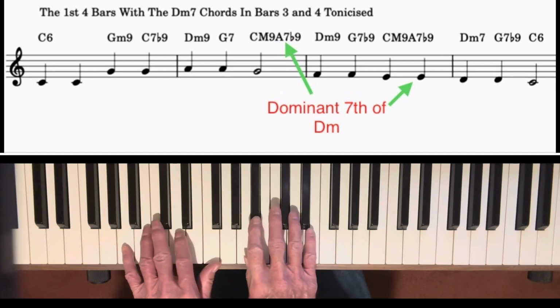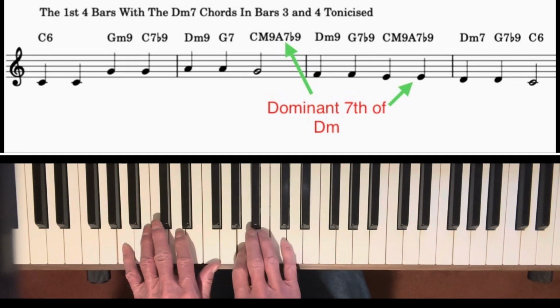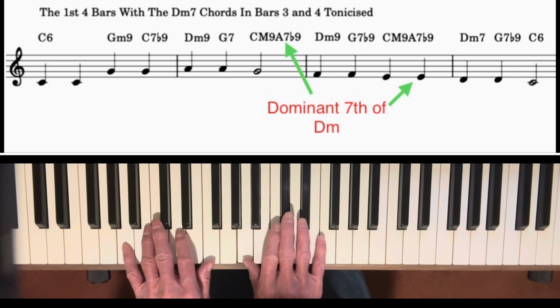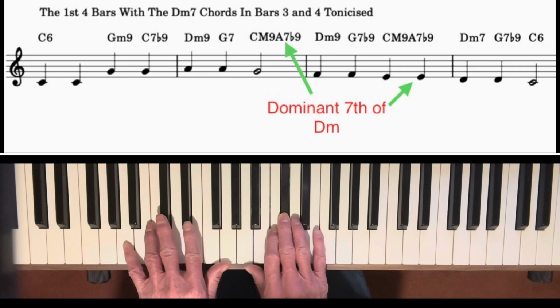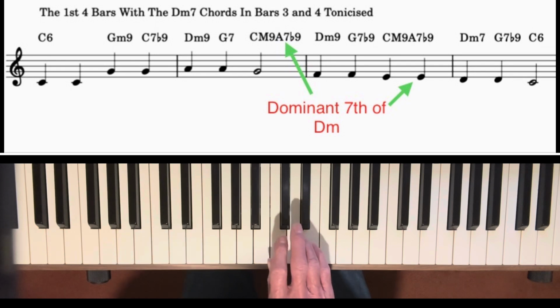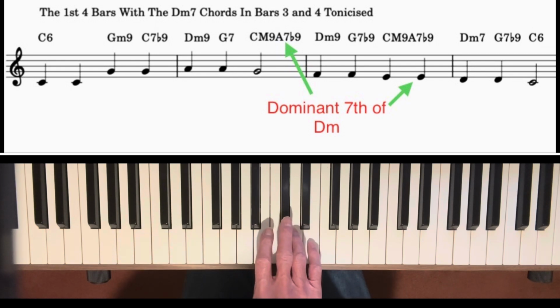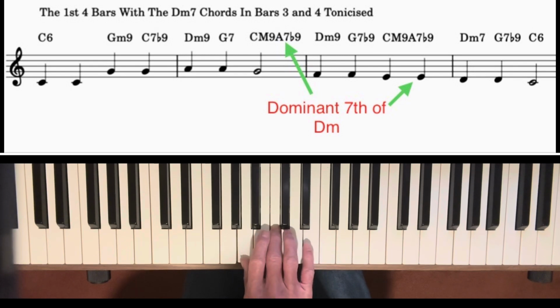So the flattened 9th of A7, B flat, drops a semitone to the 5th of D minor 7. The 3rd of A7, C sharp, drops a semitone to the 7th of D minor 7. So you get this lovely inner voice movement in thirds going down chromatically.